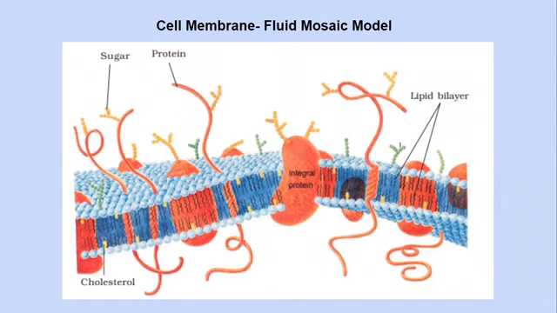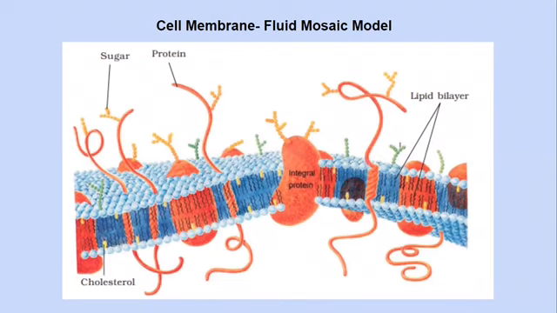The cell membrane is made up of a bilipid layer. There are various proteins which can permeate through this membrane. Therefore, the plasma membrane is also known as a semi-permeable membrane, which allows some selectively permeable proteins to permeate through it.